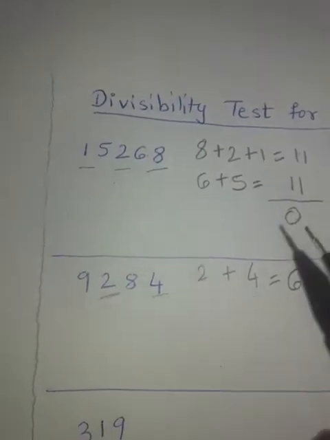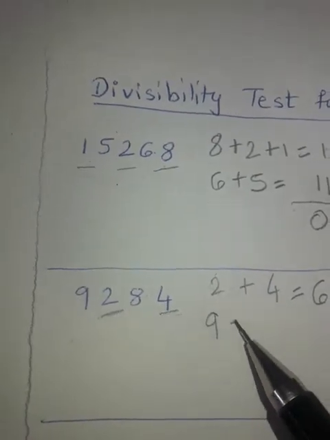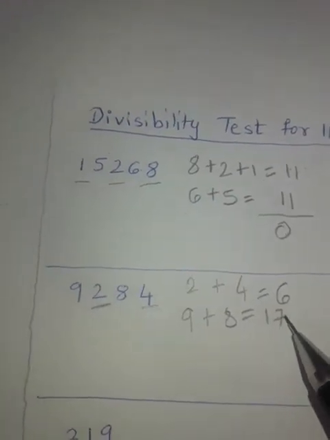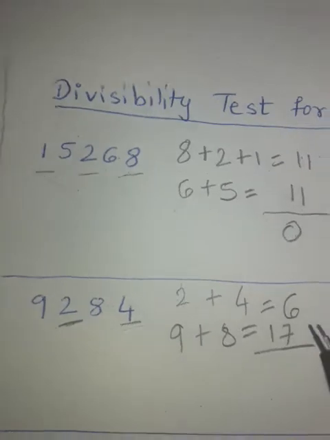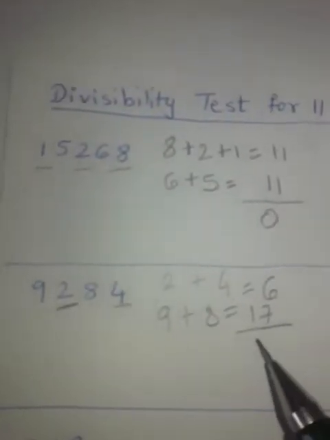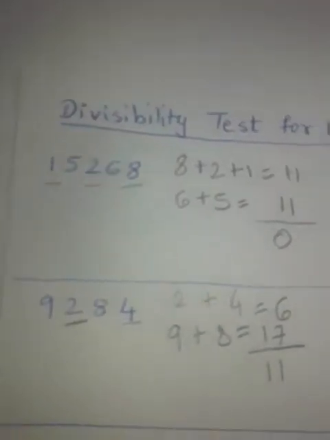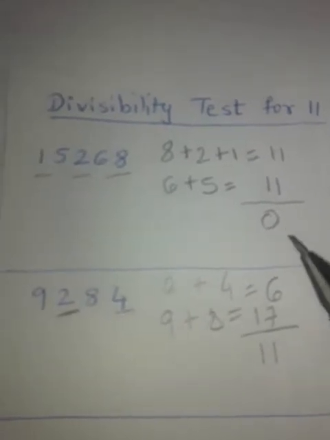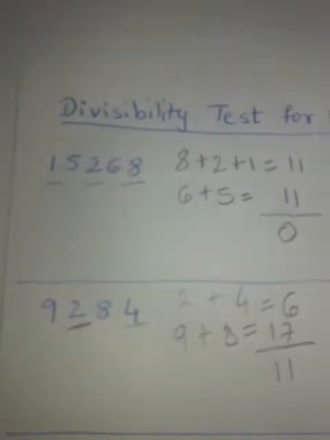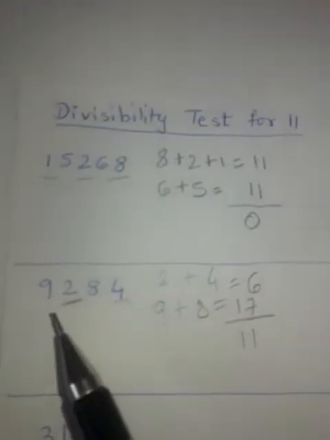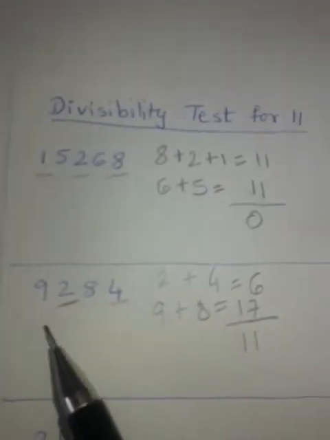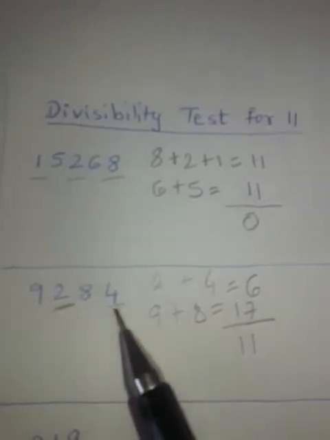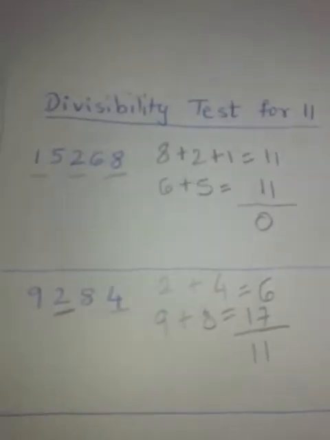When I add, I get 17. Now what is the difference between 6 and 17? Difference is 11. And what is our criteria? When this difference is either 0 or 11 or 22 or 33, the given number is divisible by 11. So here the difference is 11. This number is divisible by 11.